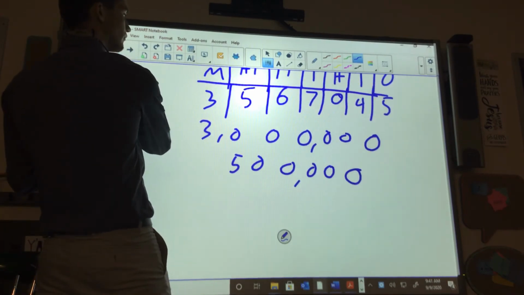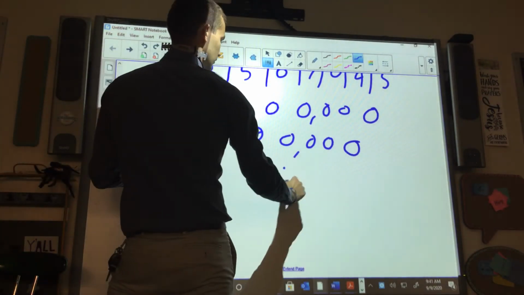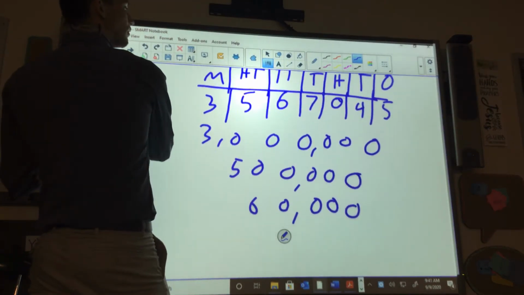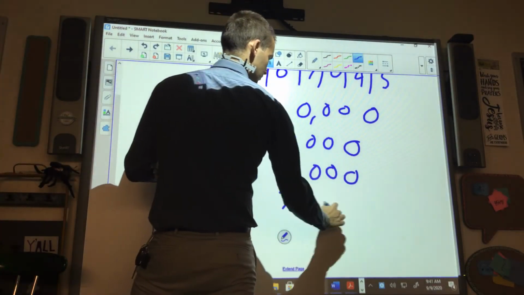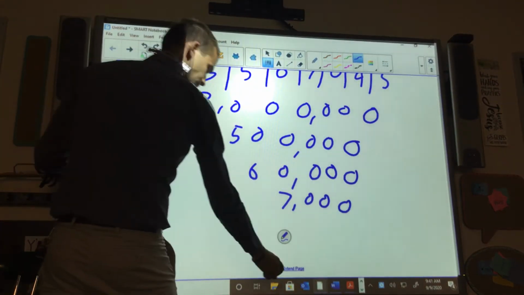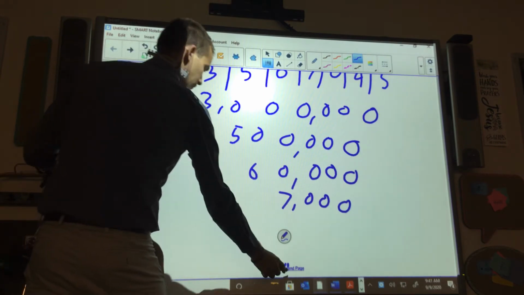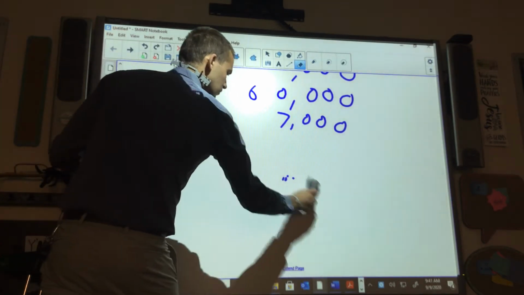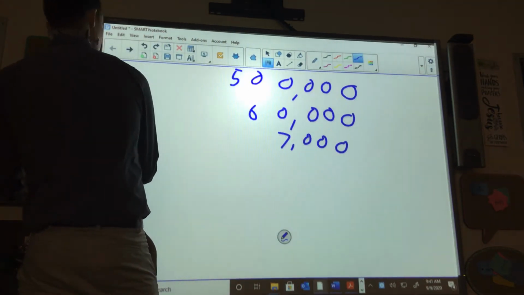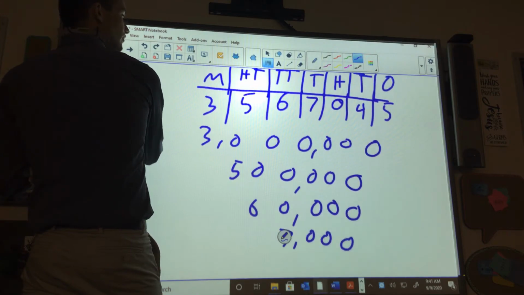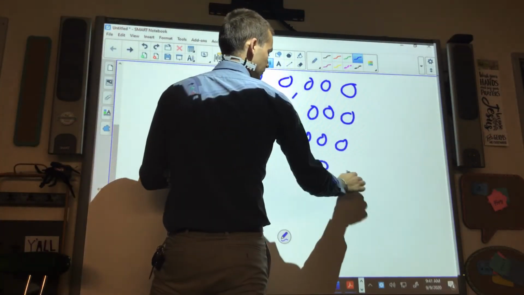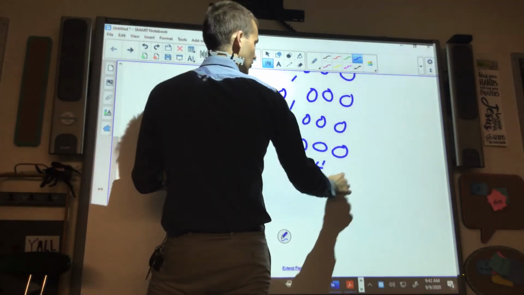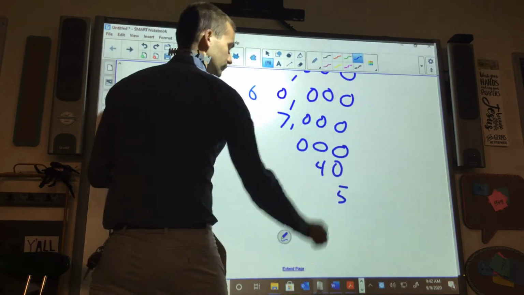What was the 10,000s? 6 10,000s, which ends up being 60,000. 7,000s, 7,000. 0 hundreds, so it ends up just being a bunch of zeros. 4 tens becomes 40 and 5 ones.